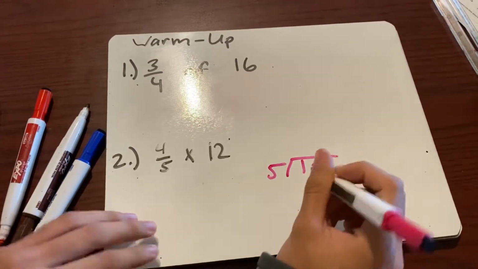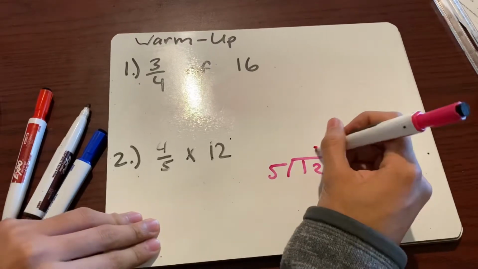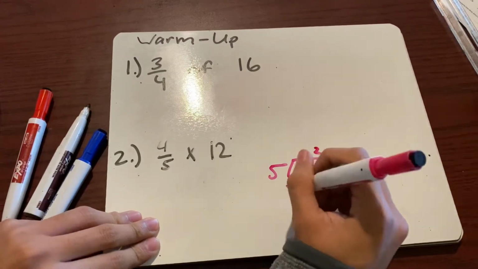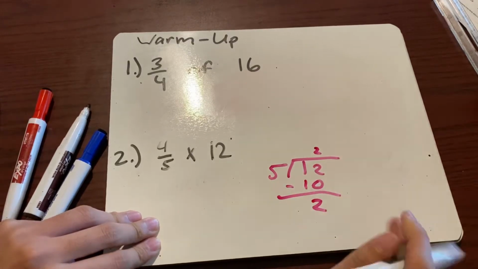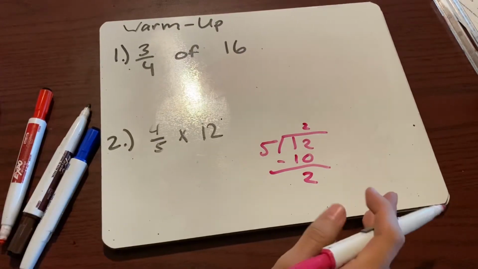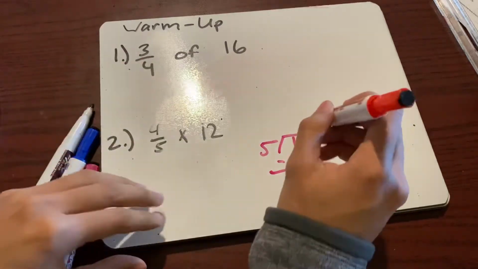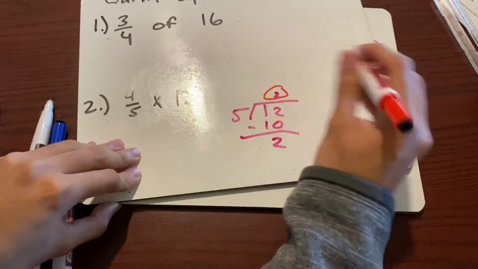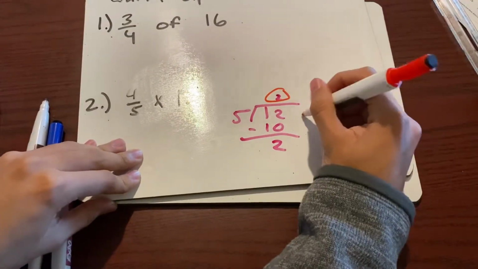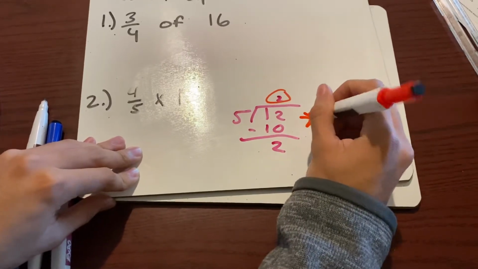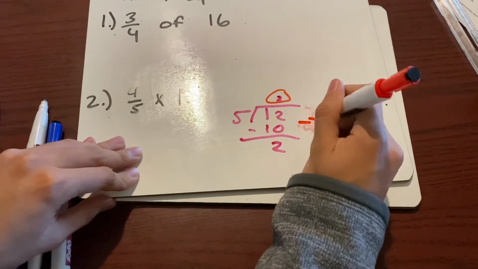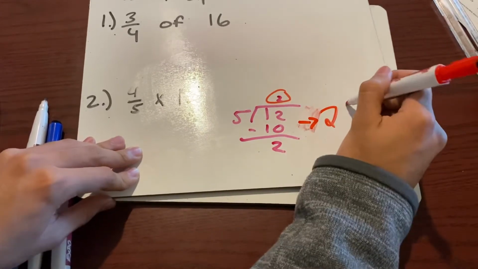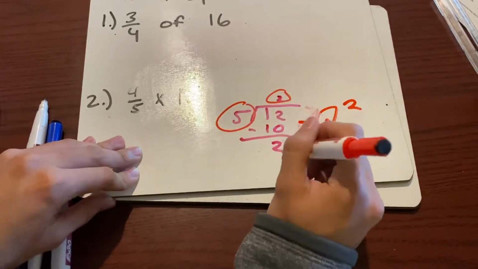So I'm going to do that right here. 12 divided by 5. 5 goes into 12 2 times, 5 times 2 is 10. 12 minus 10 is 2. So now remember, my whole number is my 2. Whatever your answer is, that is your whole number. My numerator is 2 also, and my denominator is 5.